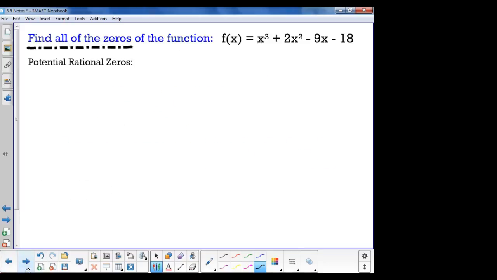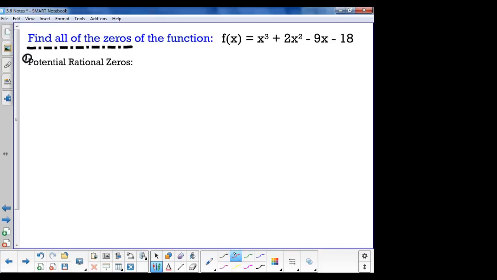This one says find all the zeros. So the first thing I'm going to start with is finding all my potential zeros. Because right now, I've got an infinite amount of zeros to choose from. Okay? I don't want to be that infinite amount. I want to be much more narrow, much more refined. I want to be able to say it's part of this list.